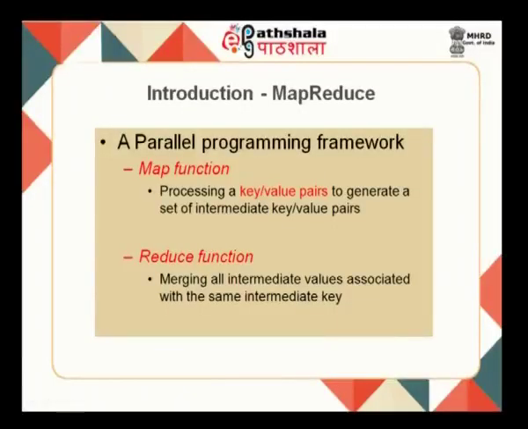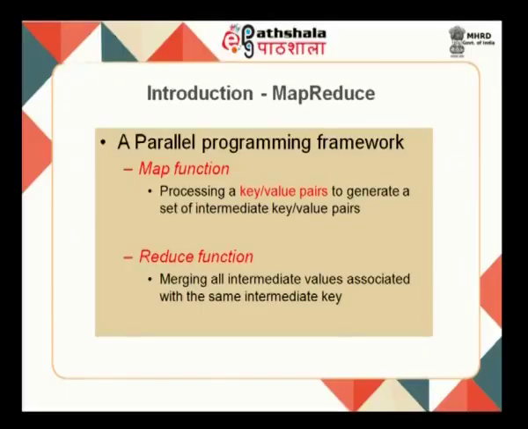Once we have identified the data that we want to process, we need to run the analysis. So, after identifying the key value pairs, the map function will run the analysis. Running the analysis will happen in a distributed fashion.